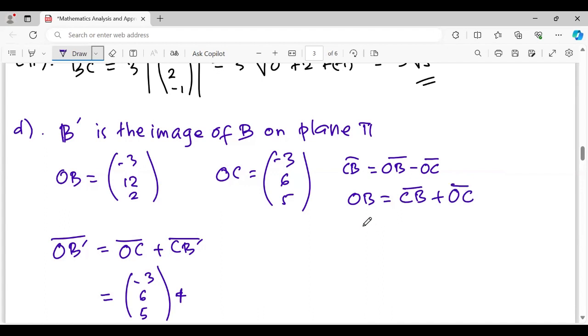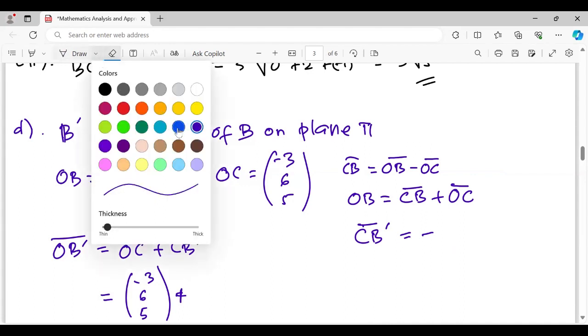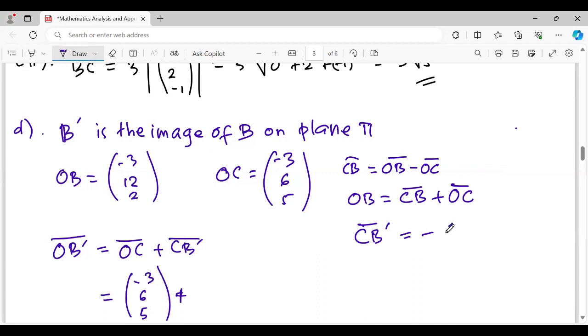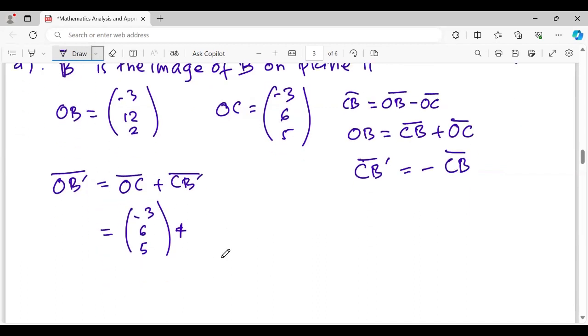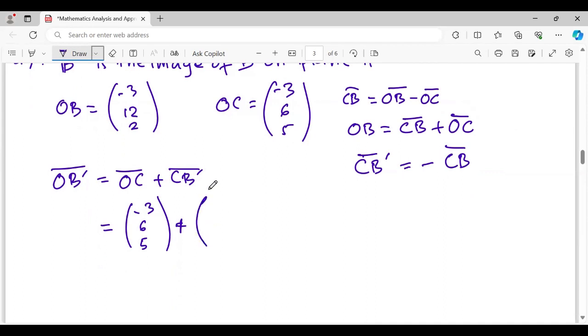The CB image equals the negative of CB, because the image is at the opposite position to CB. If I write this, the CB image is (0, -6, 3).